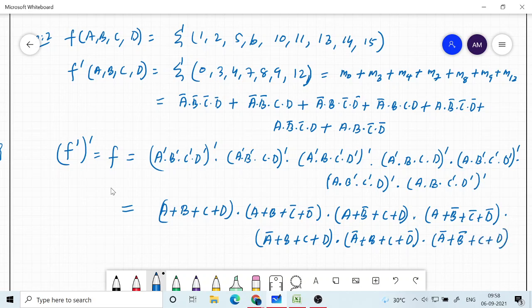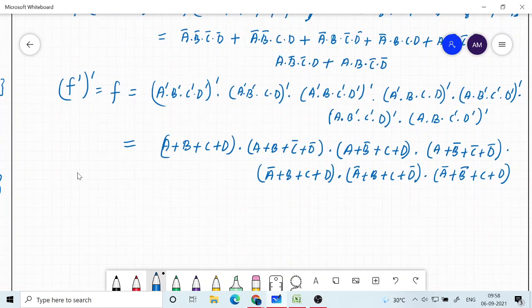Now we got the final POS form, which is a product of terms. Which are the terms present now? The first term, a plus b plus c plus d, is your m0. You can just write it as 0 also, because pi means it is a product.